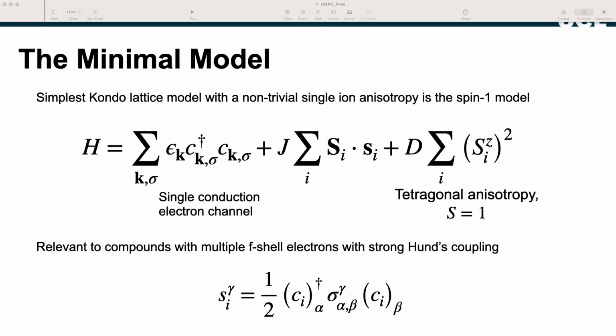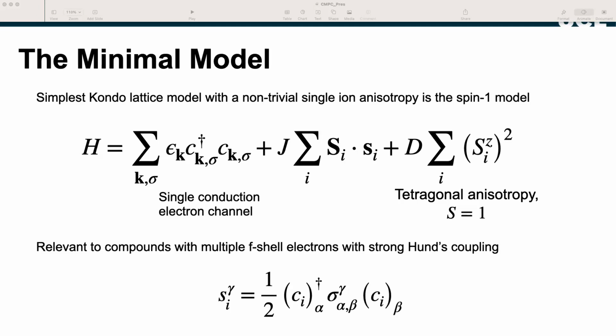You just have your usual S·S Kondo exchange, with big S the impurity spin and small s the conduction electrons. You have a single conduction electron channel. That's to ensure that the system is underscreened. And then you have a single ion anisotropic term, which has tetragonal symmetry.